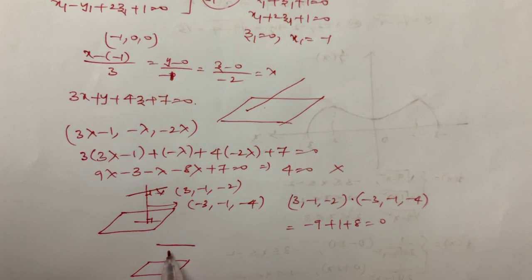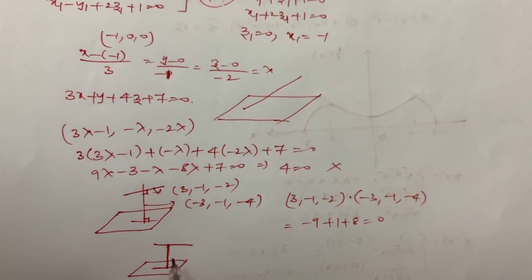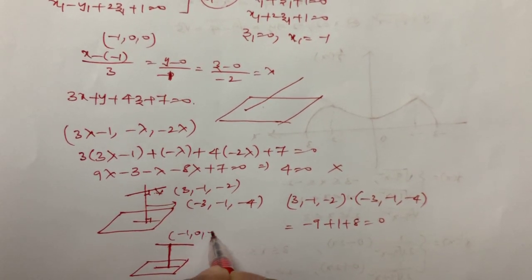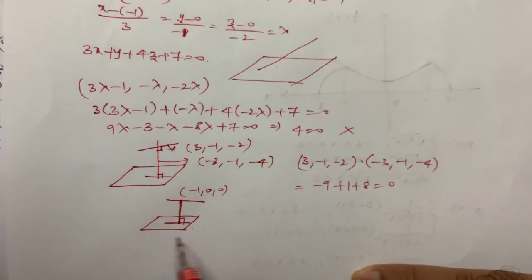So the distance is nothing but the perpendicular distance. The point on the line is (-1, 0, 0). So I have to find the perpendicular distance.